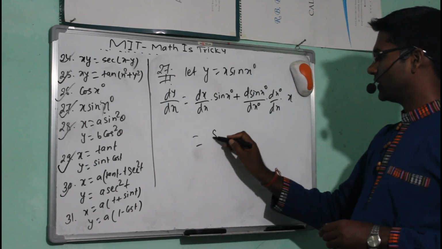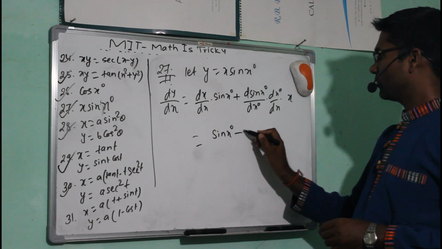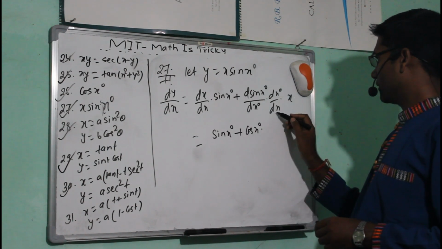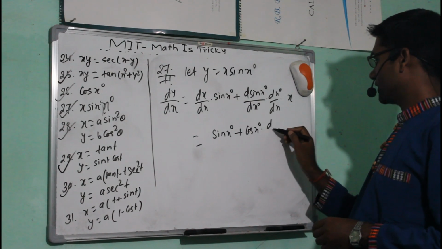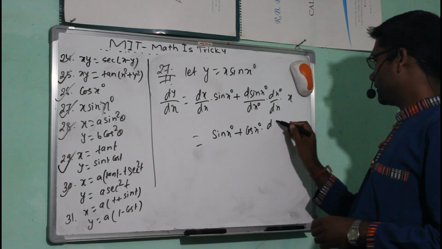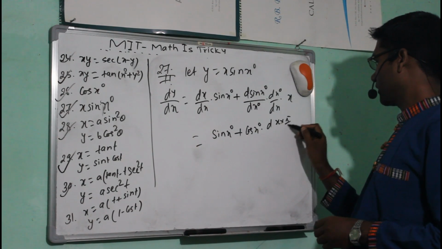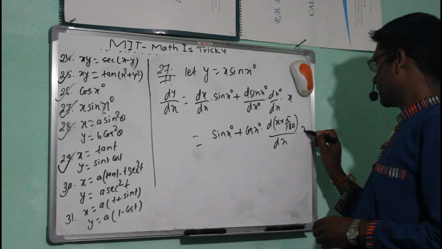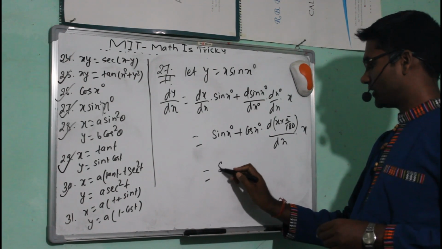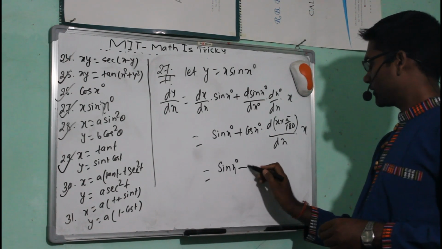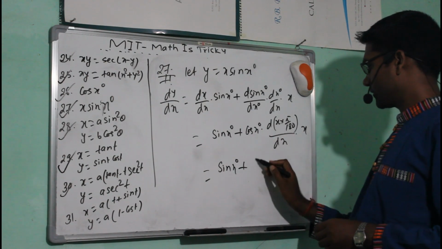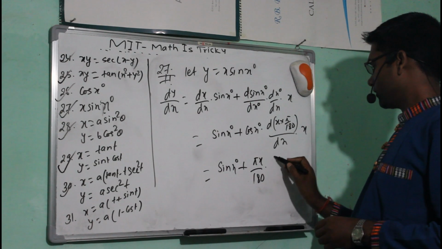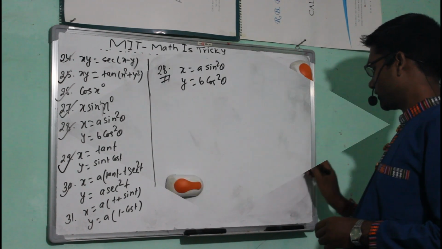It will be sin x degree plus the derivative of sin x degree, which means cos x degree, and for this we have to change degree into radian, so d of x into pi by 180 by dx into x. So the answer is simply sin x degree plus pi x by 180 into cos x degree. That's your answer.